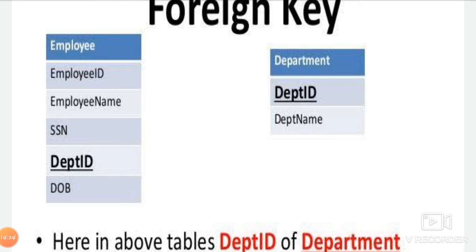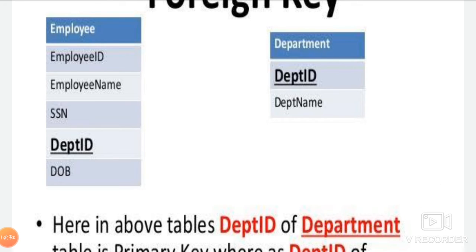When you are talking about the parent table, the department ID will be the foreign key. But when you are talking about the child table, this department ID will act as a primary key. Do you understand? Don't get confused. Whenever you are talking about the employee table, department ID acts as a foreign key. But when you are considering the department table, the department ID attribute is the primary key.